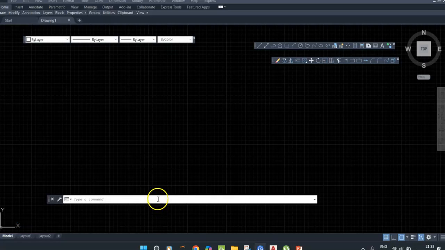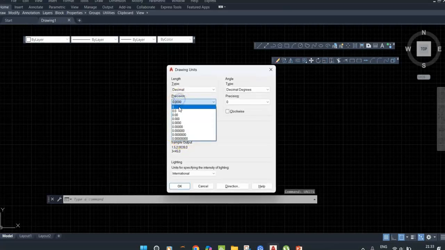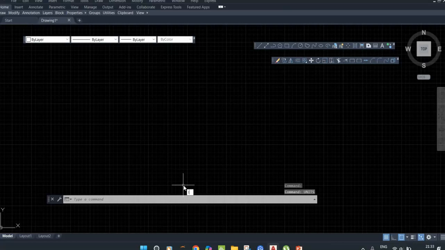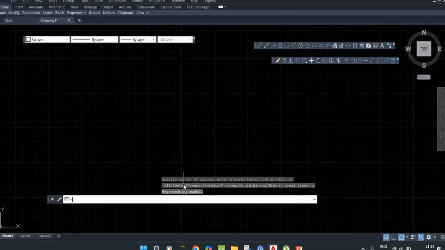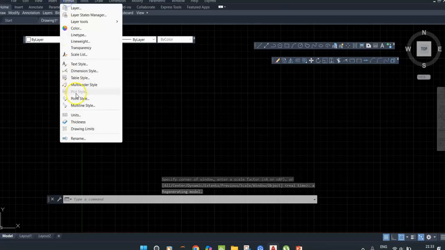Once the AutoCAD software is opened, please check the initial settings once. Units, precision 0, OK. Limits 0, 0, 420, 297, Z enter, A enter. Whatever initial settings we have learned, those settings have to be kept.